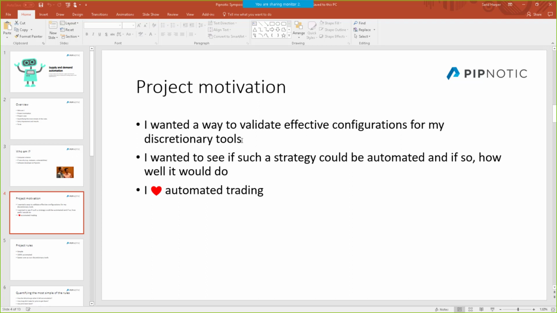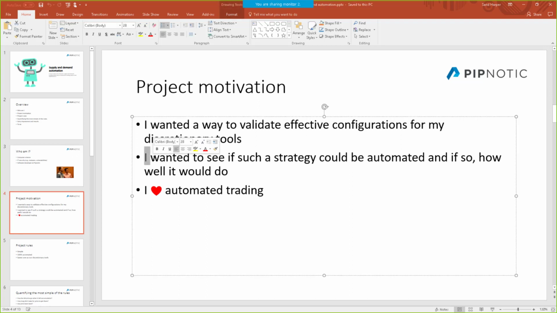Okay, so that was my primary motivation. And then I wanted, of course, to see if the supply and demand strategy could be automated, and if it could be automated, how well it would do. This is where I'm at currently. I can see that, yes, it can be automated, and now I'm in the process of analyzing the results.